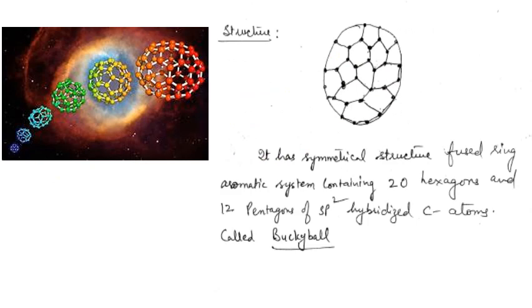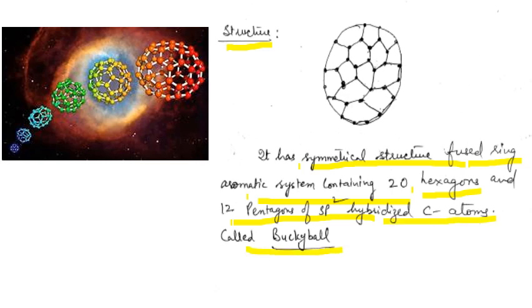Its structure is a very beautiful structure, a symmetrical structure, a fused ring aromatic system, which can contain 20 hexagons and 12 pentagons of sp2 hybridized carbon atoms, which is called a buckyball.